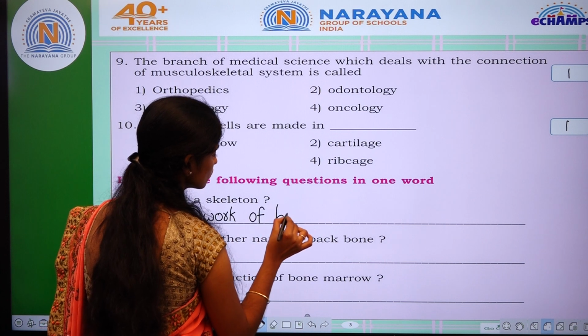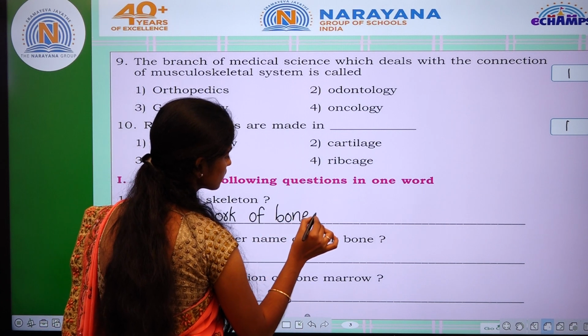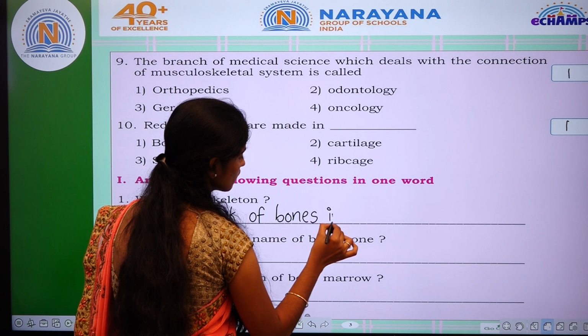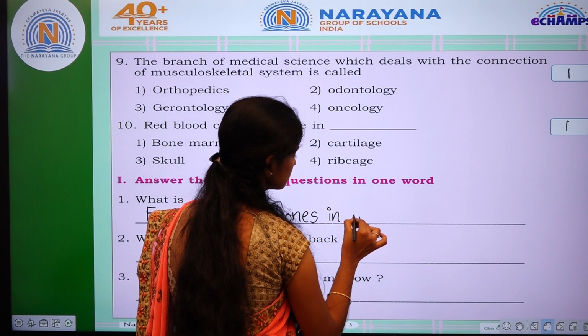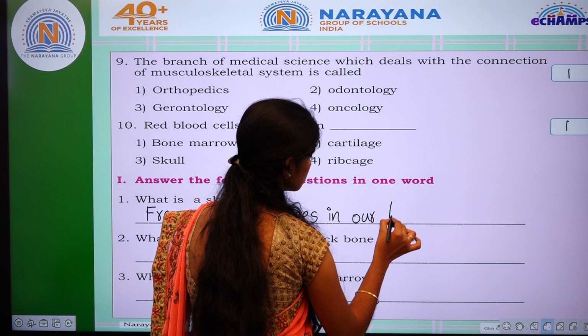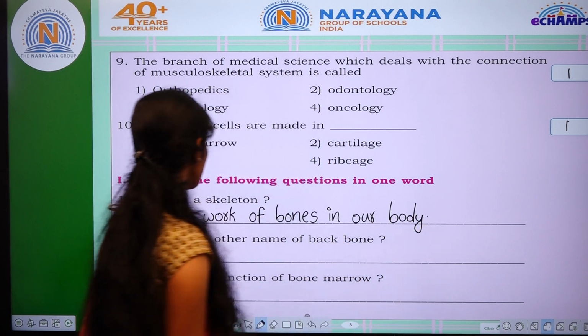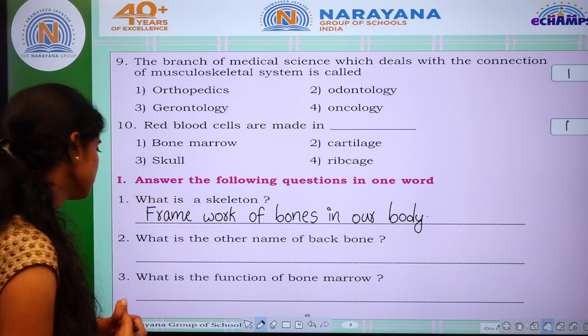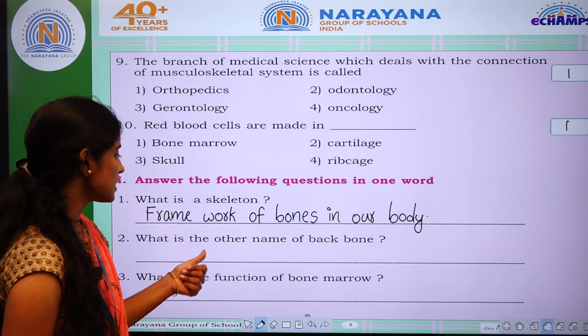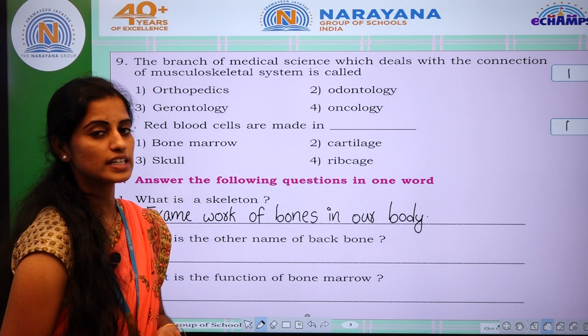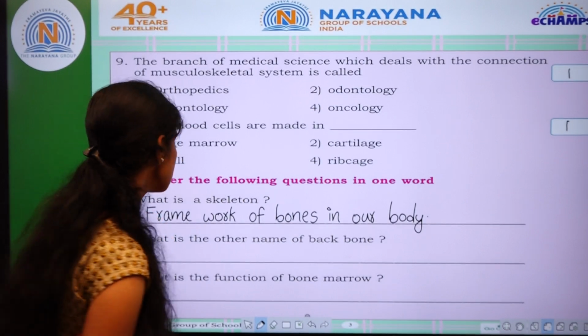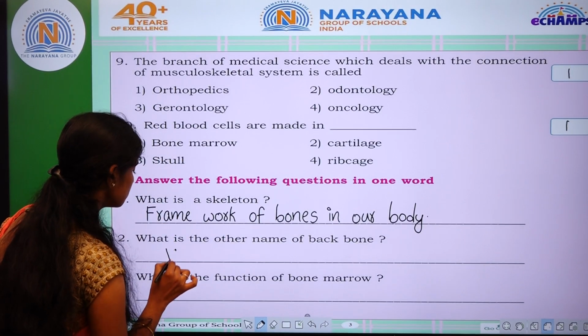Framework of bones in our body. Framework of bones in our body is what? Skeleton. Second question. What is the other name of backbone? The other name of backbone is vertebral column.